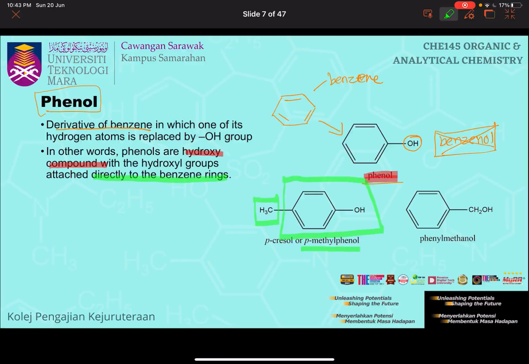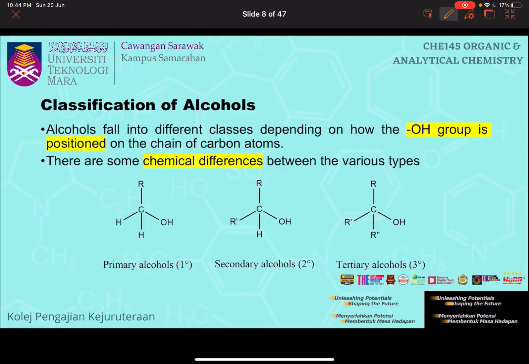This one, when it is methanol, has the benzene ring as a substituent, called phenyl. Please be very aware, because this is when the benzene ring is attached to the carbon. Only when the OH group is attached directly to the benzene do we call it a phenol. So please be very careful.